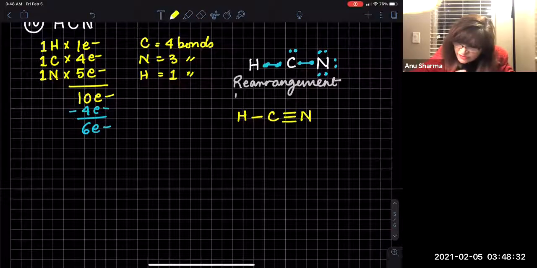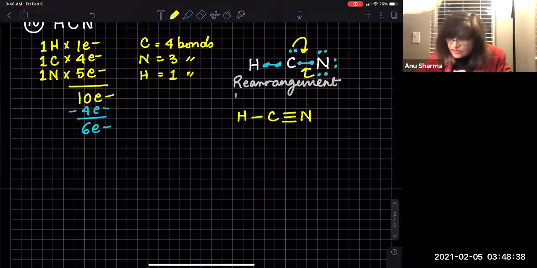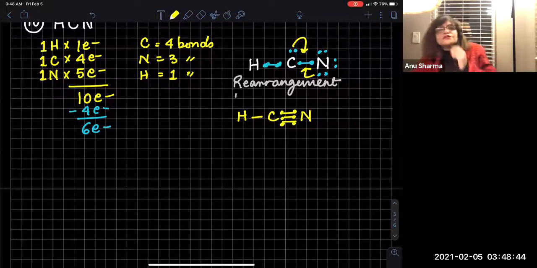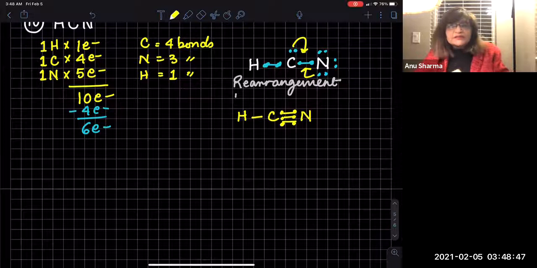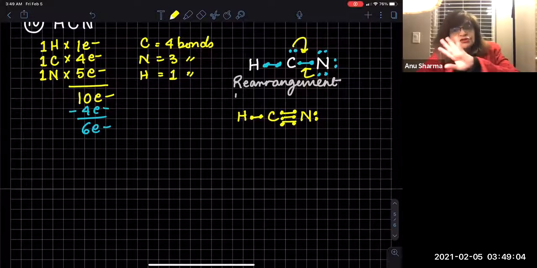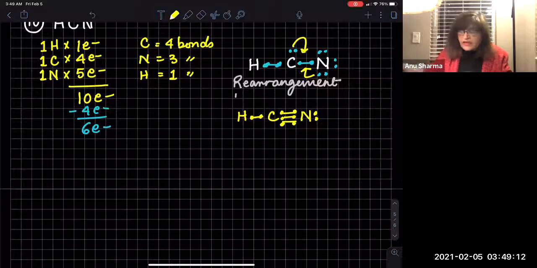This lone pair from nitrogen comes in, and this is how you have a triple bond between carbon and nitrogen, which is fine. Now we have 1, 2, 3, 4, 5, 6, 7, 8, 9, and 10. All 10 electrons have been placed, and hydrogen is satisfied with 2 electrons. Carbon is making 4 bonds, 3 on one side and 1 on the other side, and nitrogen makes 3 bonds. That's why we have the octet of every single element made.